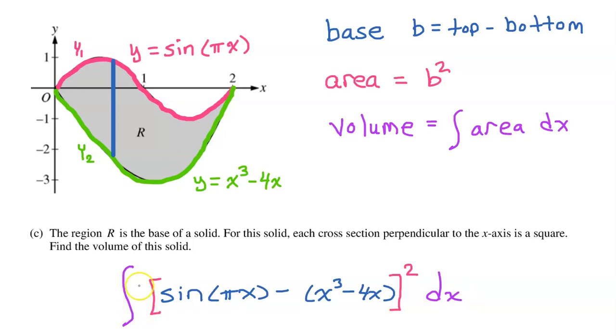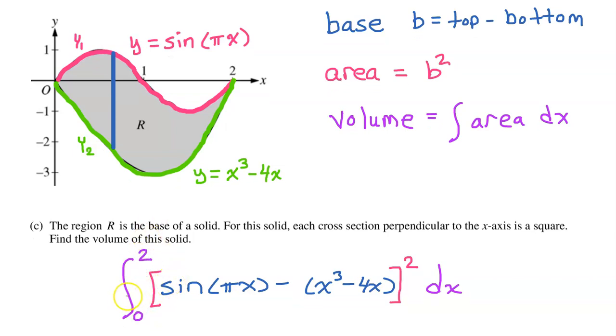All we need are the limits of integration. From left to right, region R goes from 0 to 2. So those are the limits of integration. Now that we have an expression for the volume of the solid, we can type this into the calculator to evaluate.